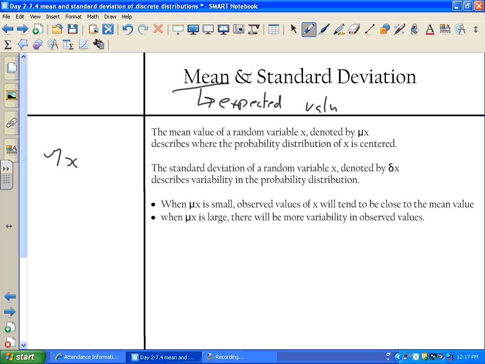And you guys have already seen expected value a couple of times. Standard deviation of the random variable is denoted by sigma x, and it'll be written as a subscript. Both these will be written as a subscript. So that's the mean and standard deviation.